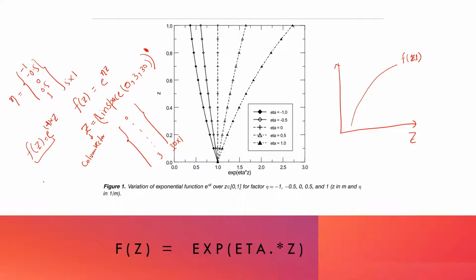Similarly, when f of z is e to the power minus 0.5 into z, it would take minus 0.5 as the eta, so we will name it the fg2 function. The second function would be maybe like this, and so on. So we have to plot different functions.